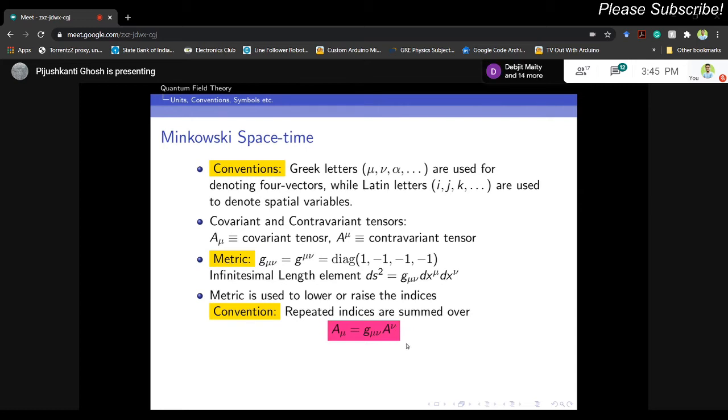So in this equation, you see that this mu is not contracted. It's covariant, and there is no contravariant vector with the same index mu. So this is a free index. On the right hand side again, in g_mu nu, nu is contracted with A^nu, but mu is free. Whenever you write any equation involving tensorial notation, the free index on the left hand side and the free index on the right hand side should be identical.